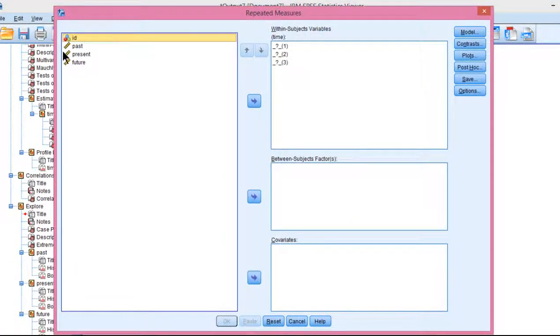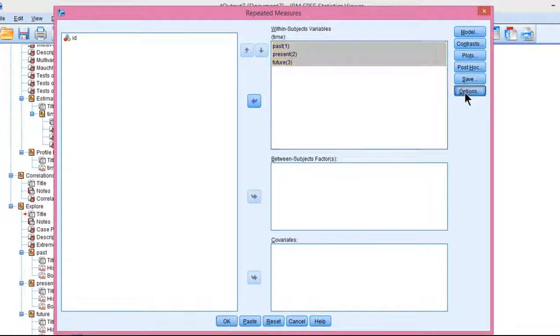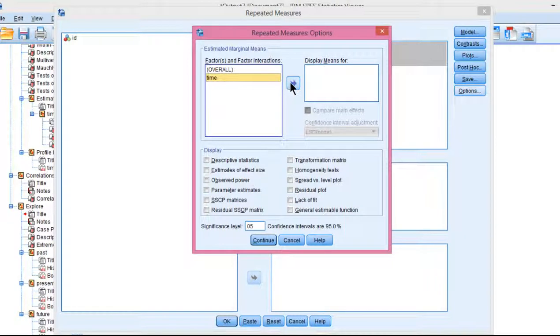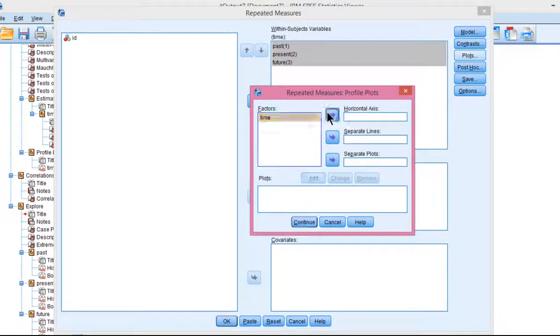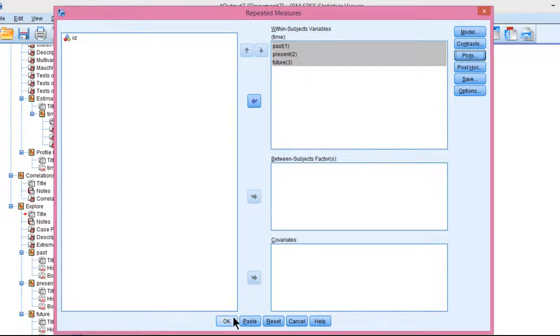And I'm going to put the 3 variables in the within subjects variables box, click on options, put the time variable in display means for, click compare means. Now LSD, none, that means no adjustment, and that's fine because I'm going to protect it with the ANOVA part of the analysis. Click descriptives, effect size, click continue, and we'll want to plot the means of course. Put that here and continue, and we're done.